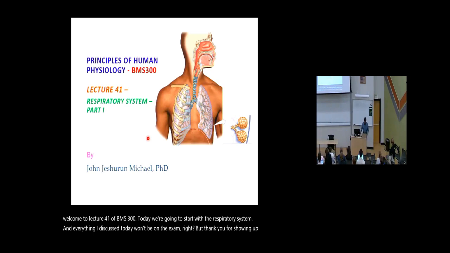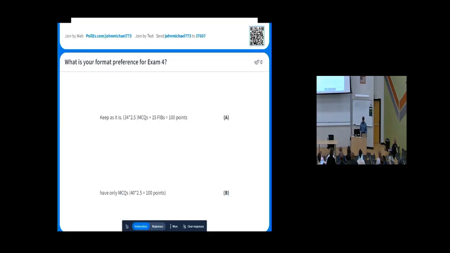Before we get started, I have a poll everywhere question for you to help me plan ahead for exam 4, right? So what would you guys prefer the format to be like? Would you want me to keep it as it is with 34 multiple choice questions and 15 fill in the blank questions, or would you want me to get rid of the fill in the blanks and have only multiple choice questions?